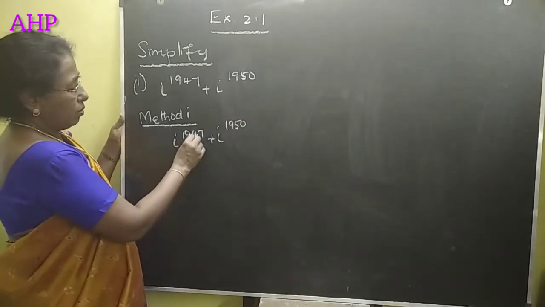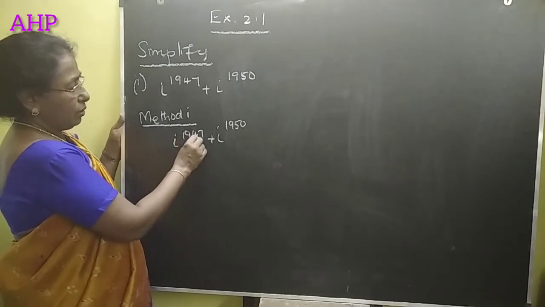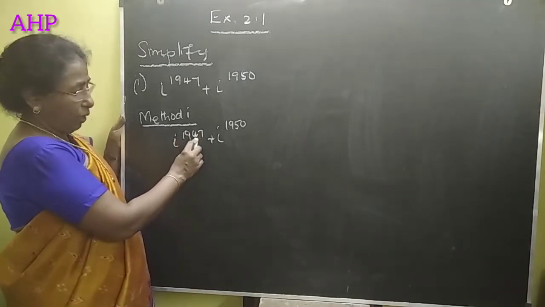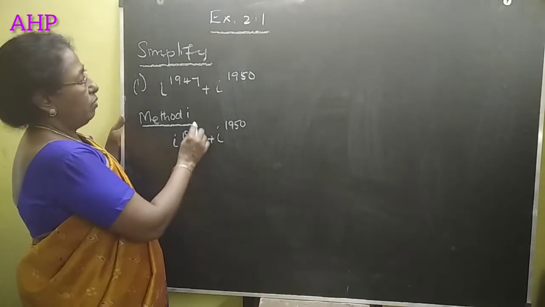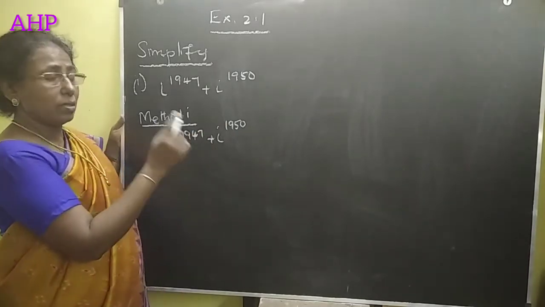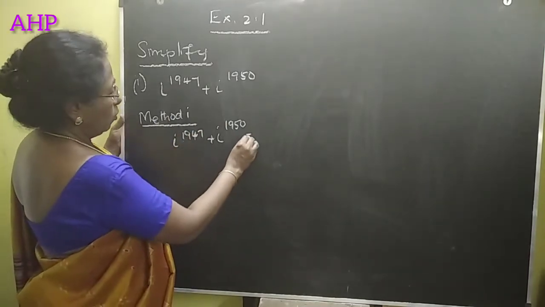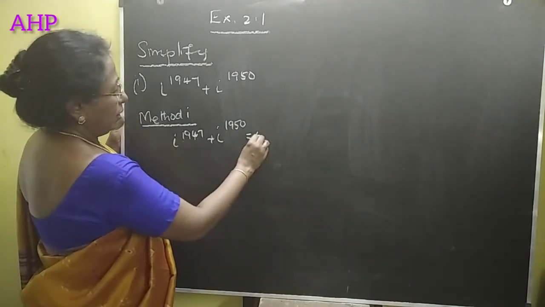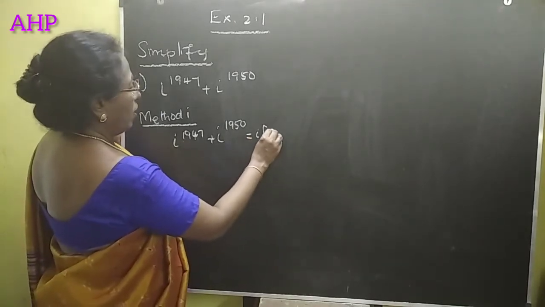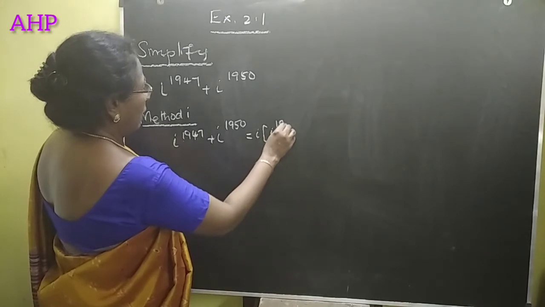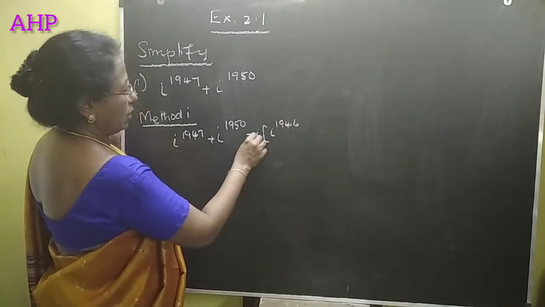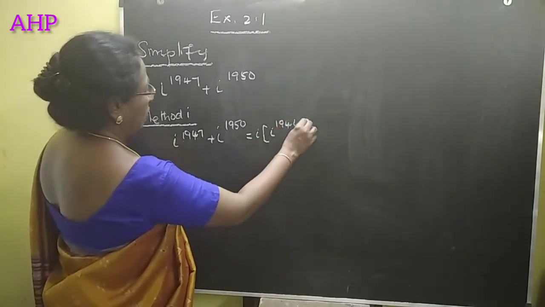Now we can try to write this as an even power of i, so that we can substitute i square is equal to minus 1. So this can be written as i into i power 1946.